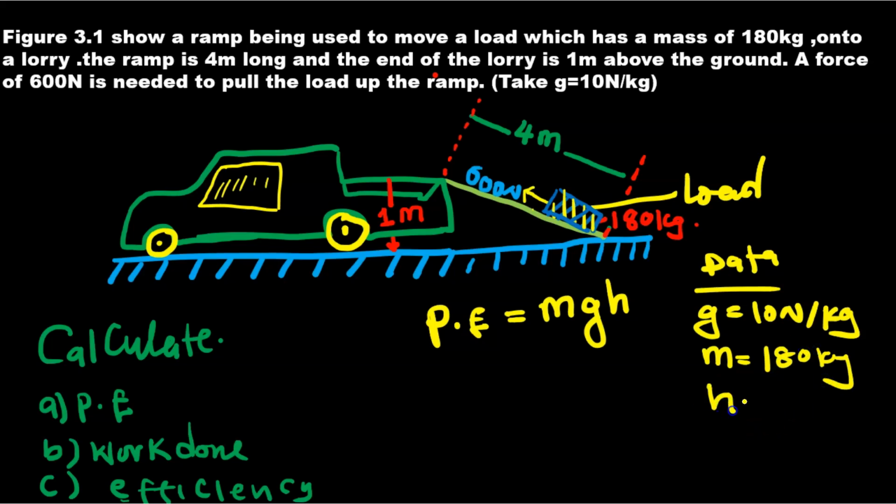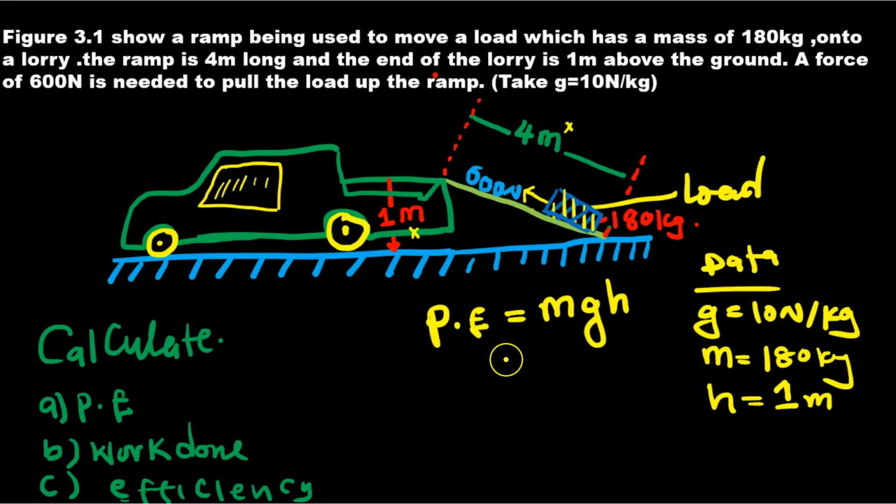Okay, the height, which one is the height? Now we have two distances here. We have this one and also this 1 meter. The vertical one is the one that we use as the height. We are not going to use 4; we are going to use 1 because this one is the height.